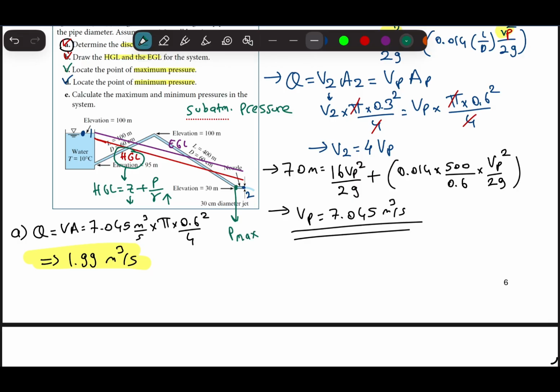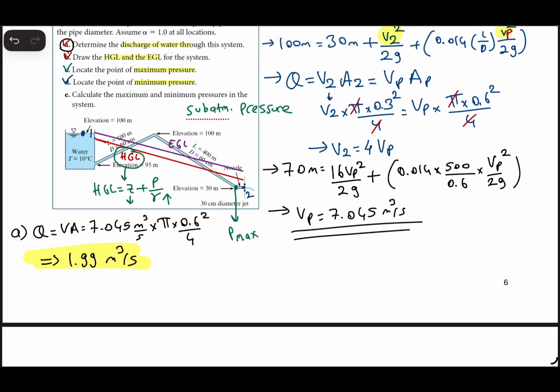And the next one is we need to find the location of the minimum pressure. If you remember from previous questions, when we have a hydraulic grade line lower than the pipe center line, it means we have a subatmospheric pressure, or in other words, negative pressure. So at this point we have negative pressure.